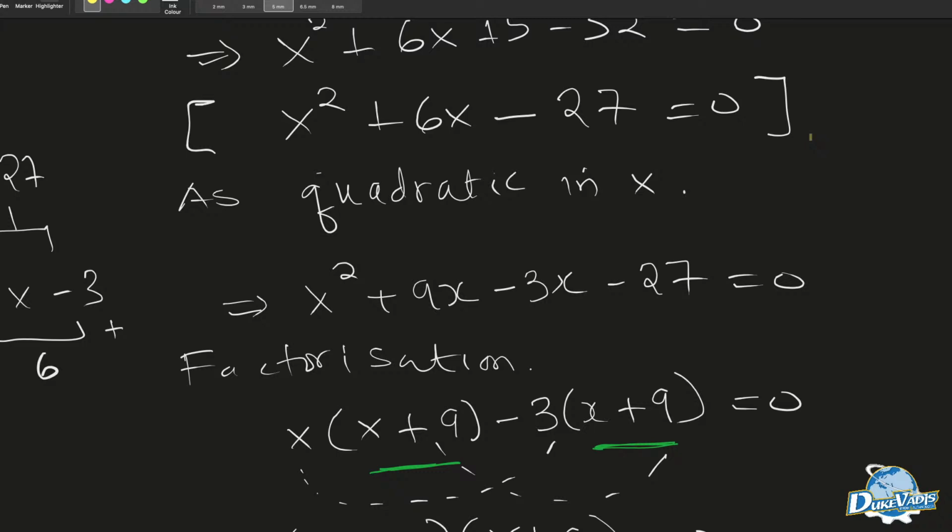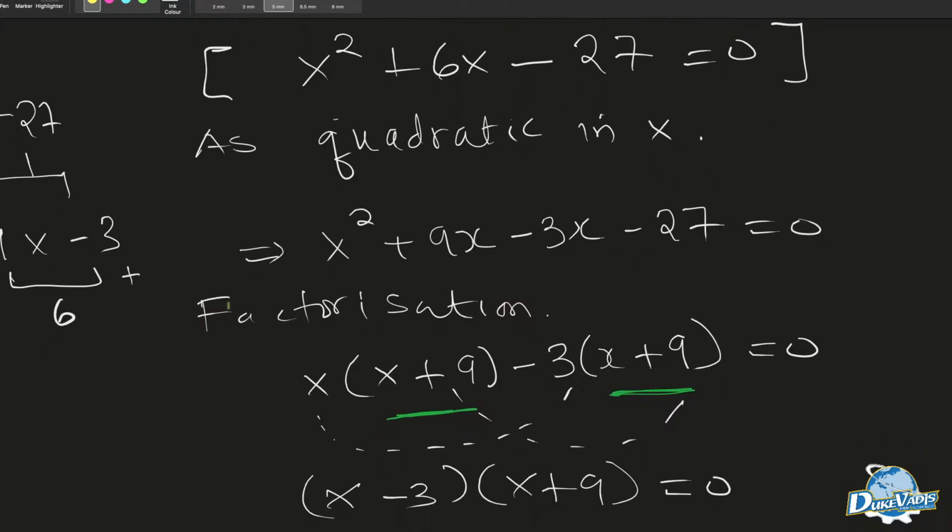So we found the factors. We realize it's negative 27, and the factors that will give us 6 in between them are 9 and negative 3. So 9 times negative 3 gives us negative 27, but when we add 9 and negative 3, we get 6. So we said our factors are 9x and minus 3x.